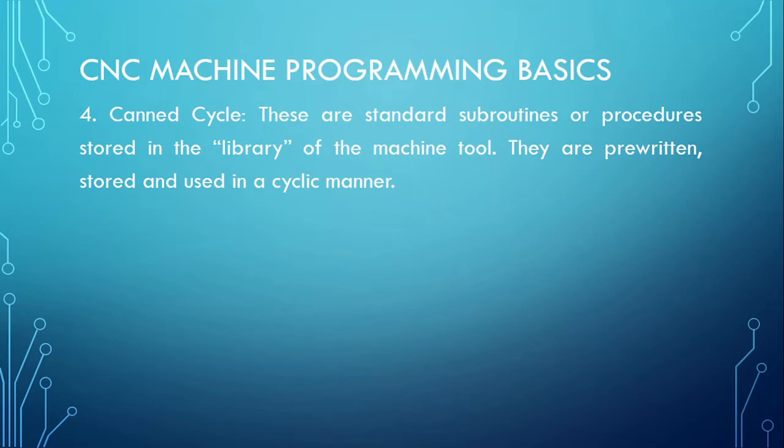However, there are two types of canned cycles: the fixed and the variable type. The fixed implies that the subroutine is not adaptable to a specific user need, which means these are canned cycles to be used the way they are.